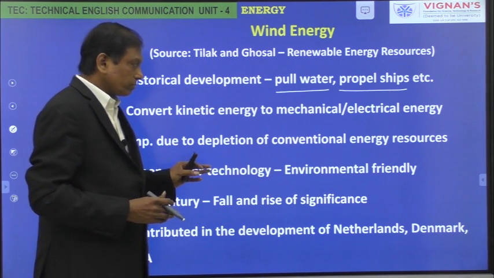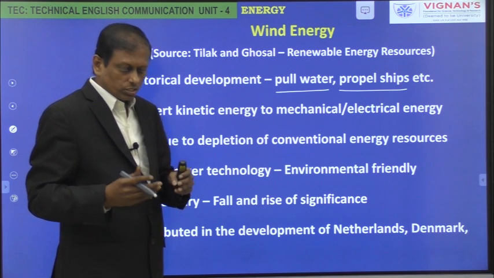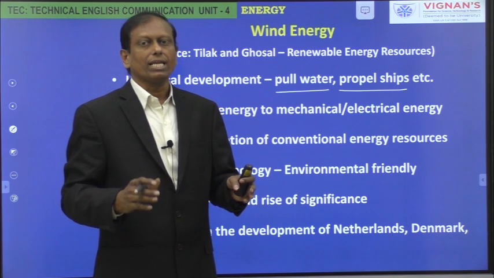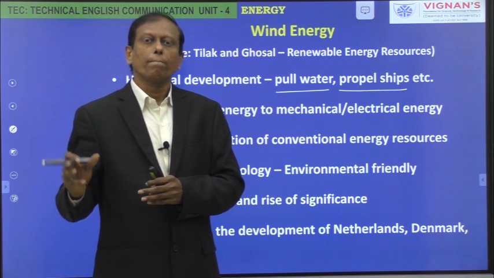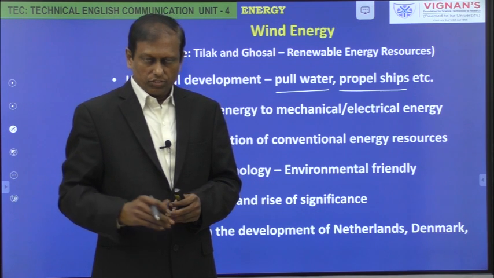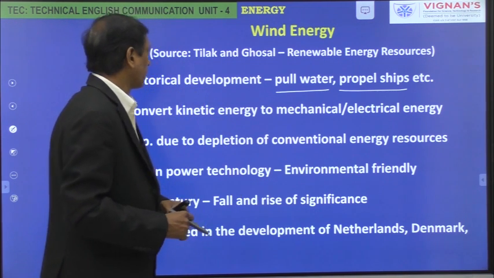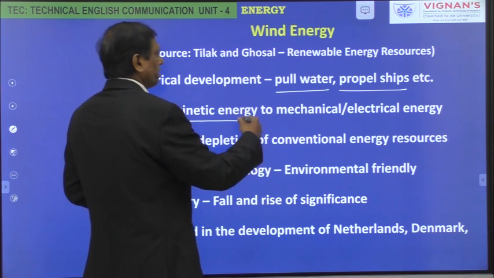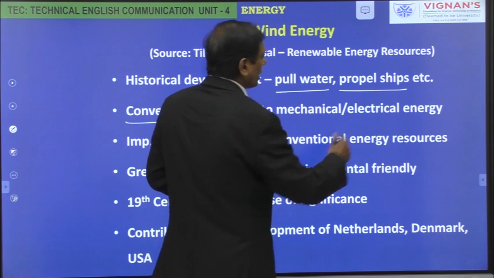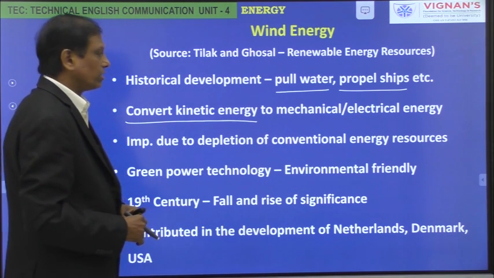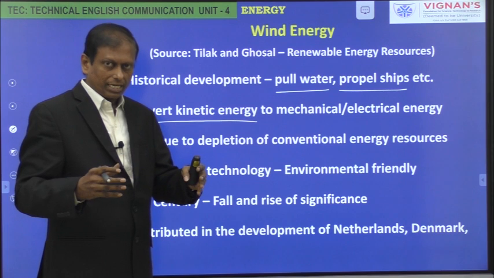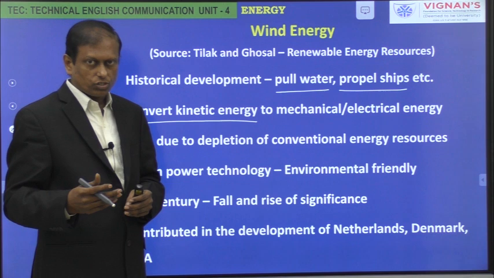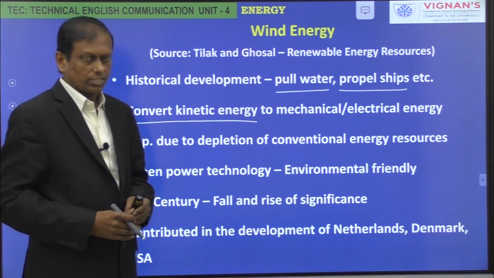And now, this wind energy is turned into mechanical energy, and that mechanical energy is used for moving generators for producing electricity. So kinetic energy is converted into mechanical energy, and that produces electricity. The fundamental concept that we are discussing in this unit is that we require energy in the form of electricity.